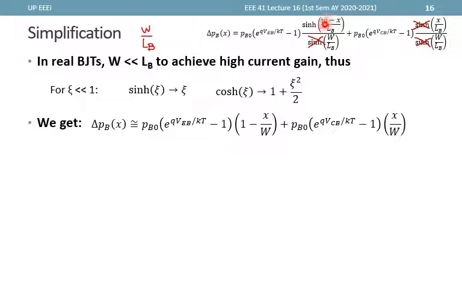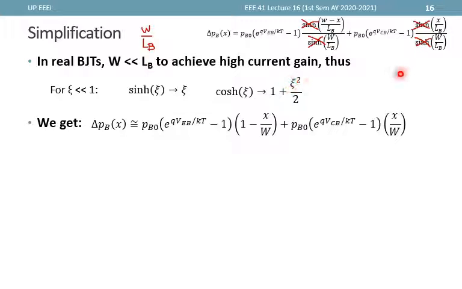Now in this case, when x is equal to 0, then this is simply W over LB. W is still much less than LB. And if x is equal to W, this is just simply 0 or approaching 0, a very small number. And therefore, we can use this same approximation.